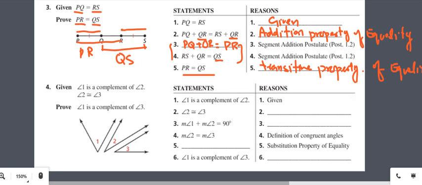If you don't have any question, then we will move to our last question for today. What does it say? It says that you're given that angle 1 is a complement of angle 2. What does it mean? Can you tell me what is the complement of an angle?